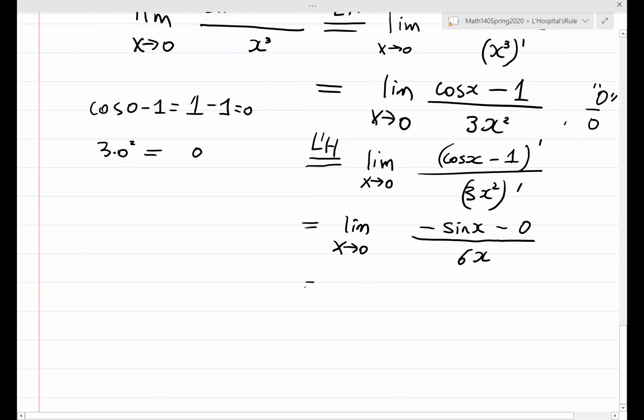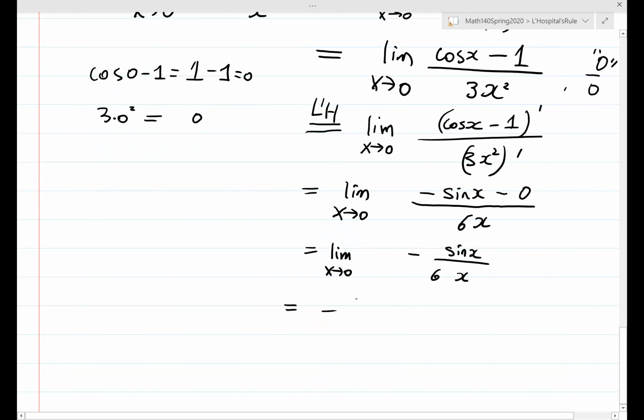So we get the limit as x approaches 0 of negative sine x over 6x. Now sine x over x, we know has limit 1. So we factor out the coefficients. You see, we recover the limit of sine x over x.